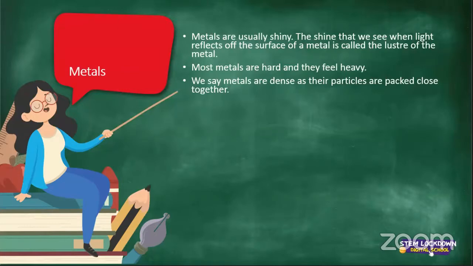Then we say that metals are good conductors of electricity and heat. Basically, if the metal conducts electricity, that means electricity can pass through it. Who knows one conductor of electricity? Can you give me an example? I can give you a clue.